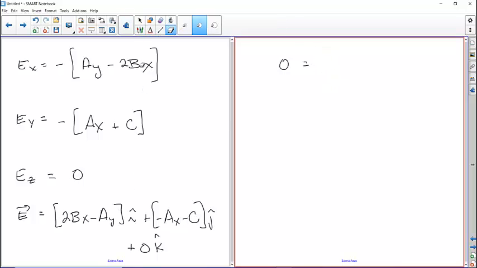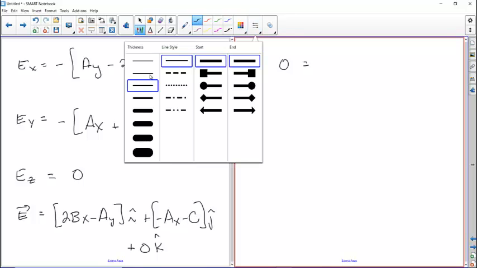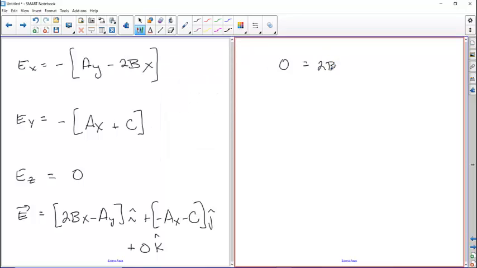I'm going to use the one down here. So we'll have 0 is equal to 2bx minus a times y. So it's 2 times b times x minus a times y.